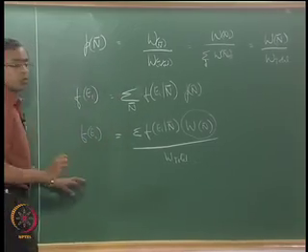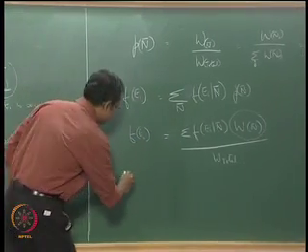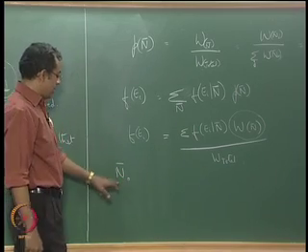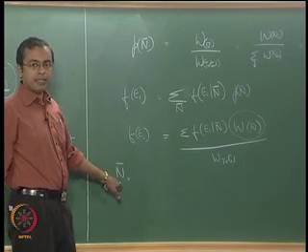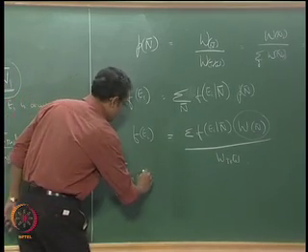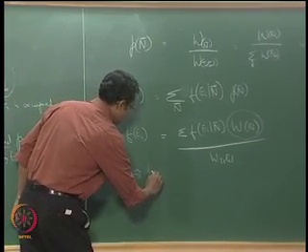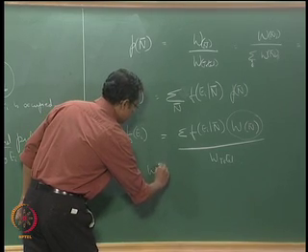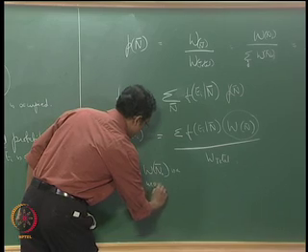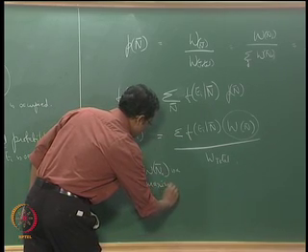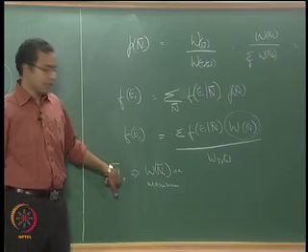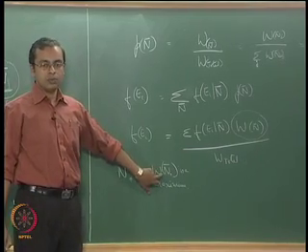I will call that most probable arrangement n bar 0. So n bar 0 is the most probable arrangement that you can get, which implies that n bar 0 has maximized this W of n bar 0.